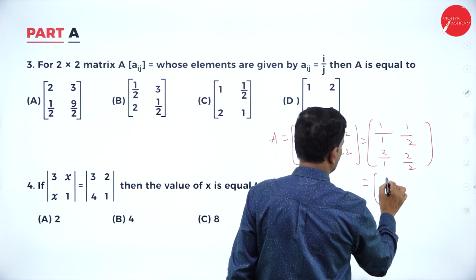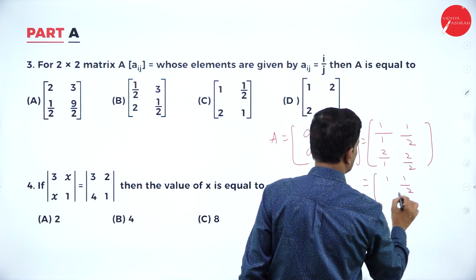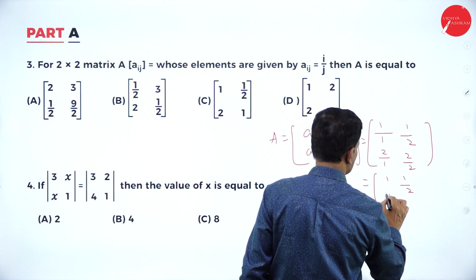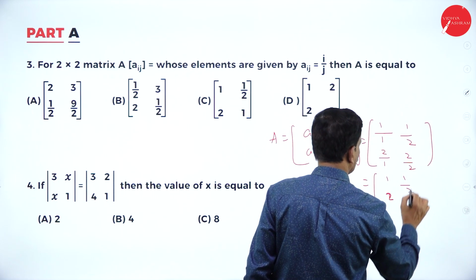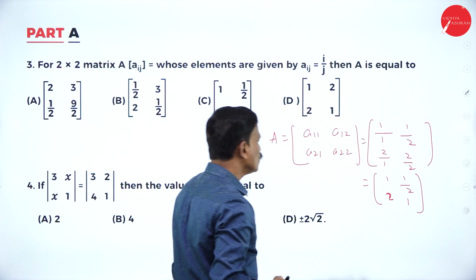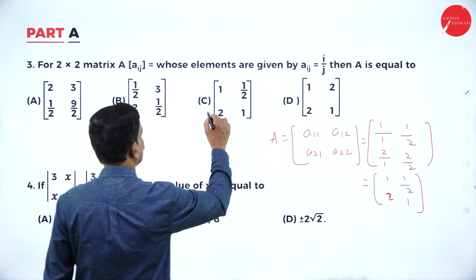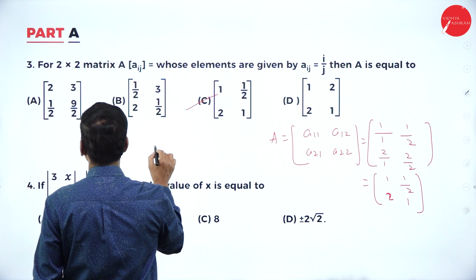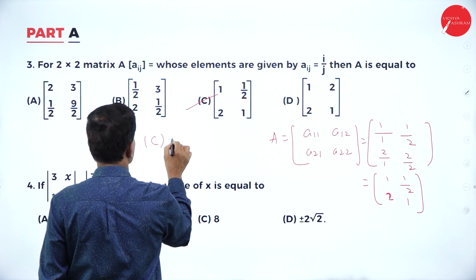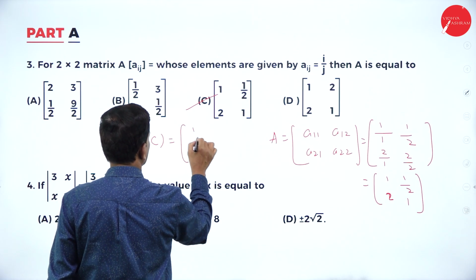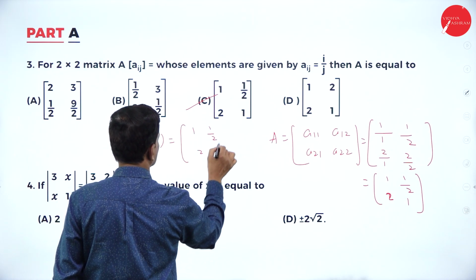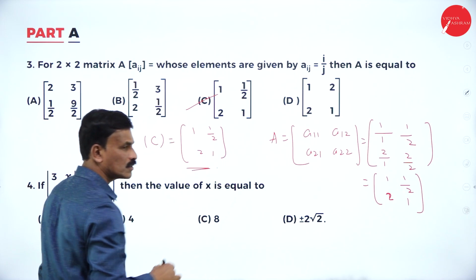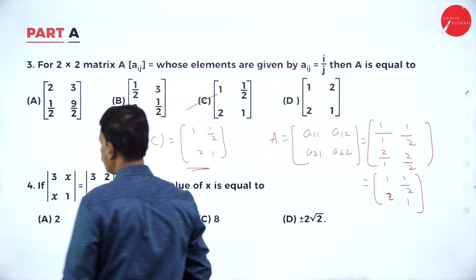What is this equal to? 1 by 1 is 1, 1 by 2 is 1 by 2, 2 by 1 is 2, and 2 by 2 is equal to 1. So the matrix is 1, 1 by 2, 2, 1. Option C. So the answer for this is C, that is nothing but 1, 1 by 2, 2, and 1 is the correct answer. Now move on to the next problem.